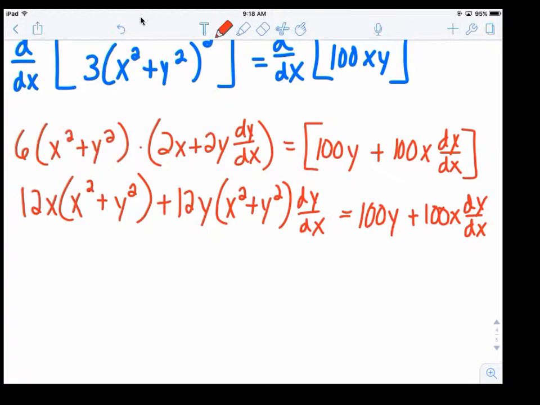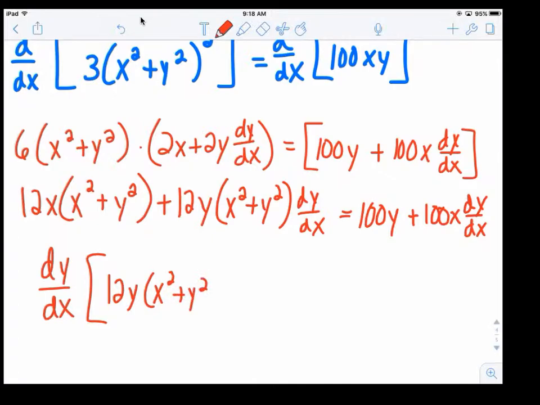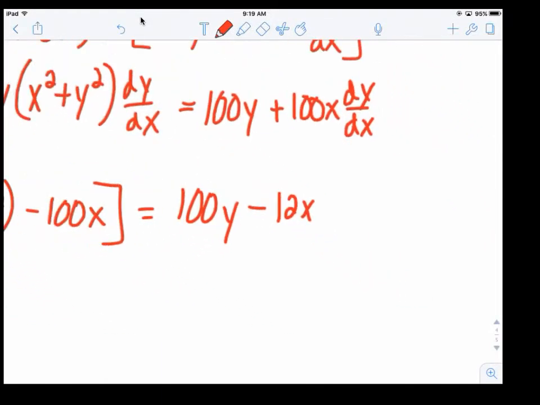So you just put all your non-dy over dx terms to the other side, and you pull over your dy over dx terms to the left side. So that's going to give me dy over dx times 12y times x squared plus y squared minus 100x equals 100y minus 12x times x squared plus y squared.